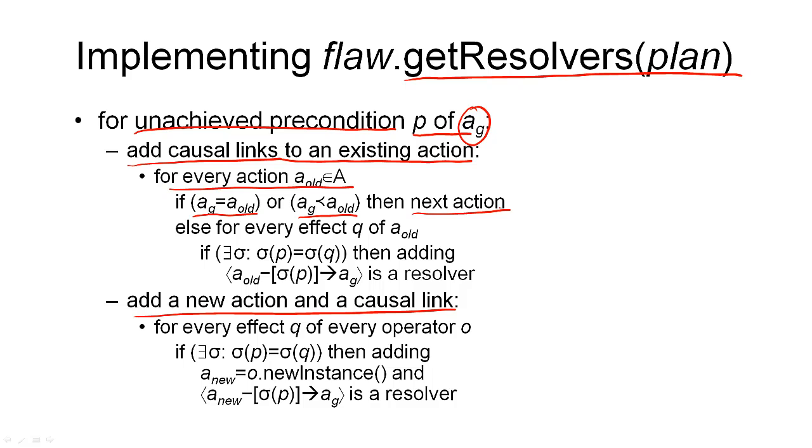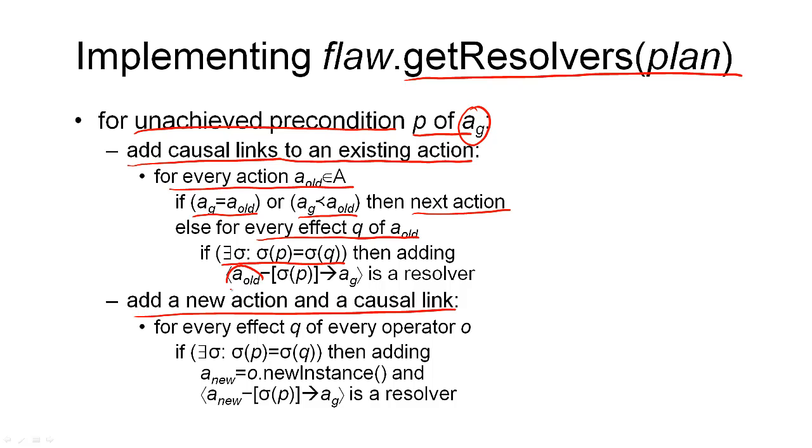Otherwise, if it may come before the consumer, then we've got to check every effect Q of our existing action to see whether this can be used as a provider. And again, what we do is we try to find a substitution consistent with our variable binding constraints such that P and Q are equal. If we can find such a substitution, then adding a causal link to our plan is a resolver for this threat.